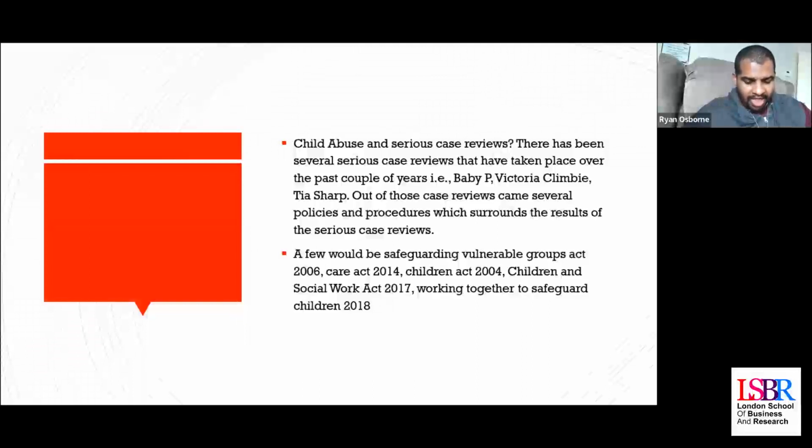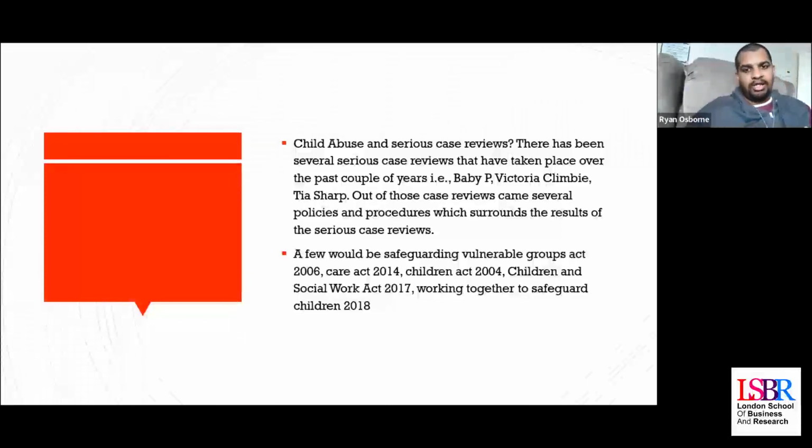And I'm sure that you are well aware that when you have serious case reviews, when you look into why a particular child abuse case happened, or you look at why certain things happen, you will then maybe look at it from an aspect of maybe it's a systemic failure that we need to work on and that we need to make better.